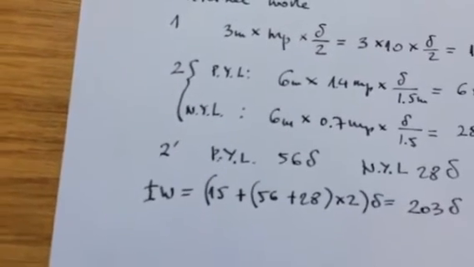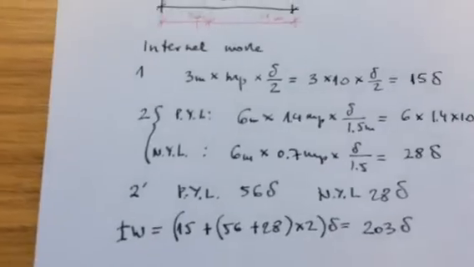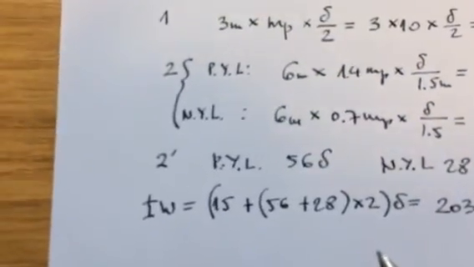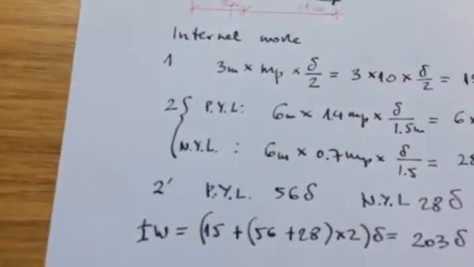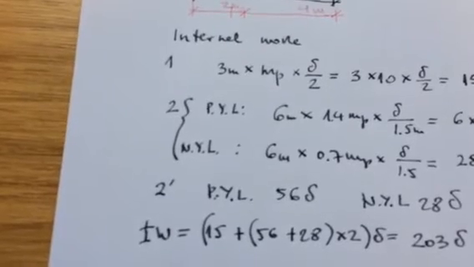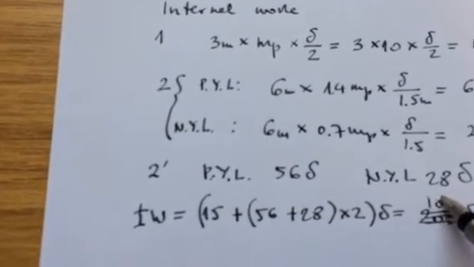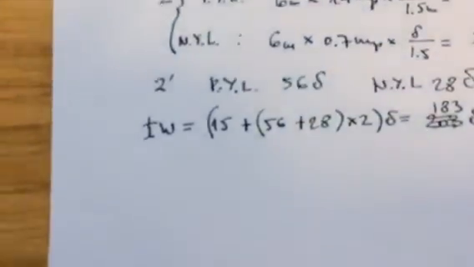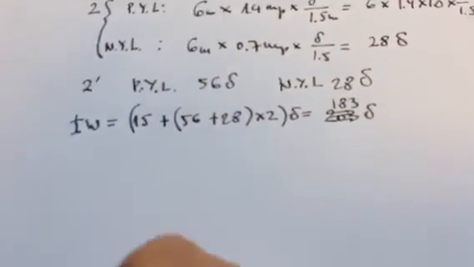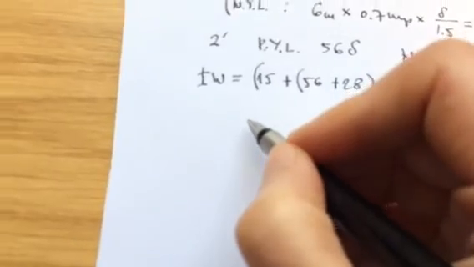No, I'm wrong. 84 times 2 is 168. 168 and 15 is 183 delta. 183 delta is the total internal work.